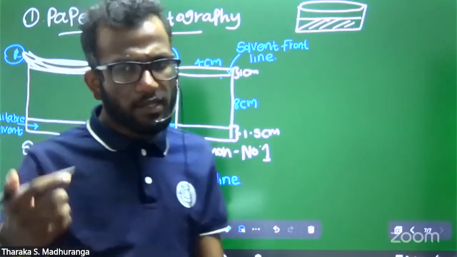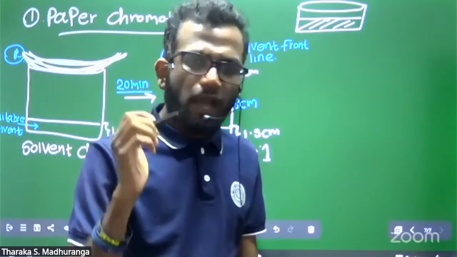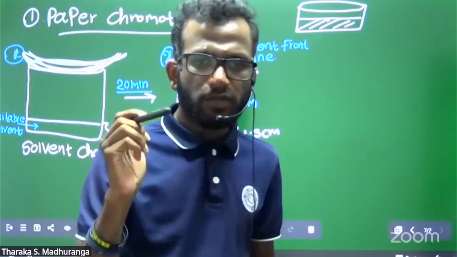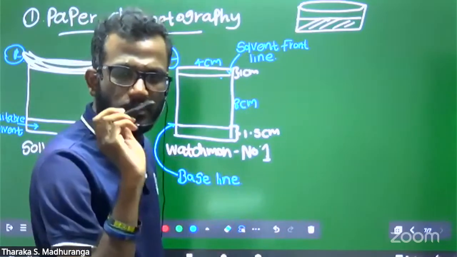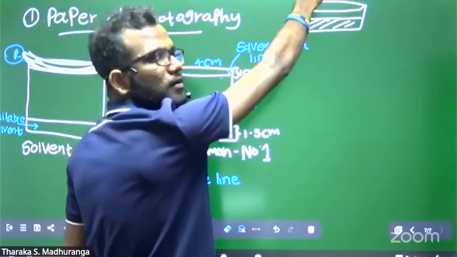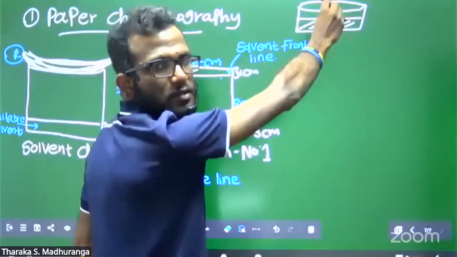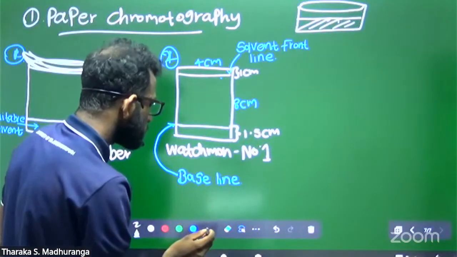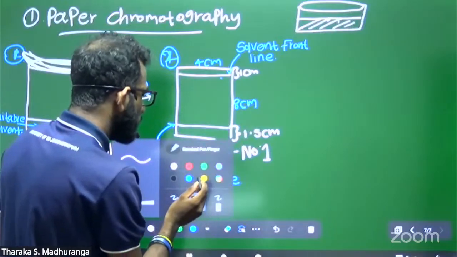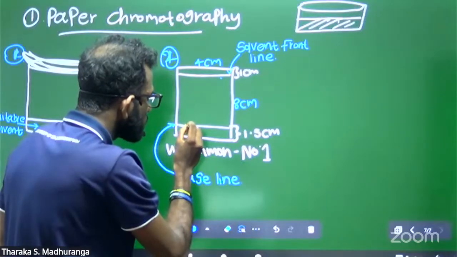We need to get a glass rod, like this. Then we need to take a very small sample from the crude product using the glass rod, and place it on this baseline.